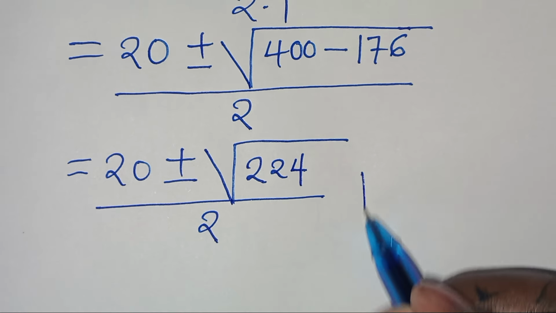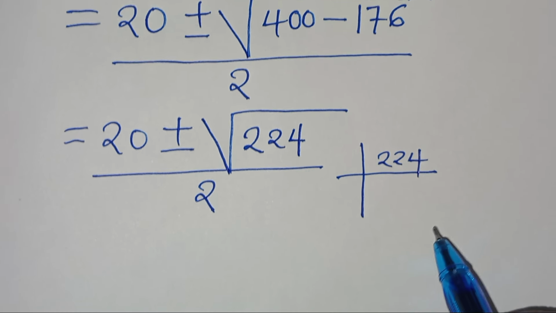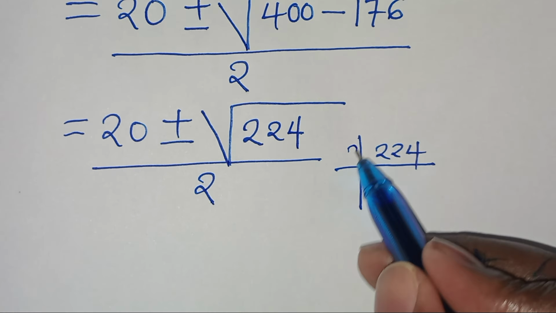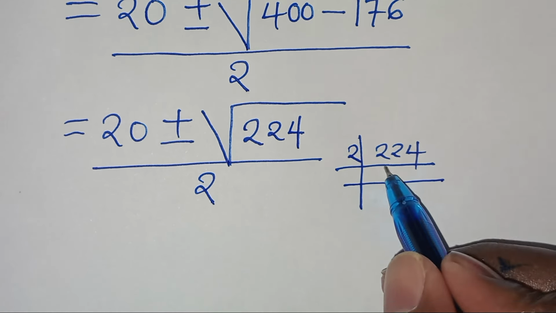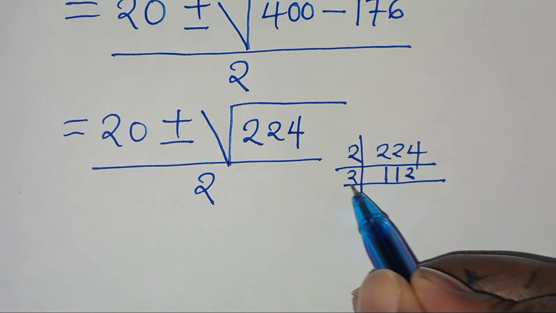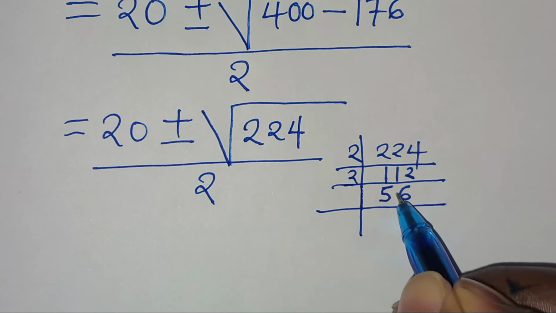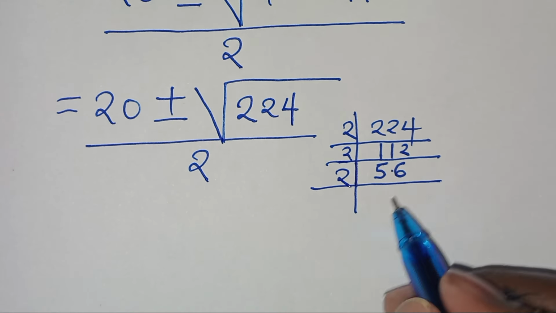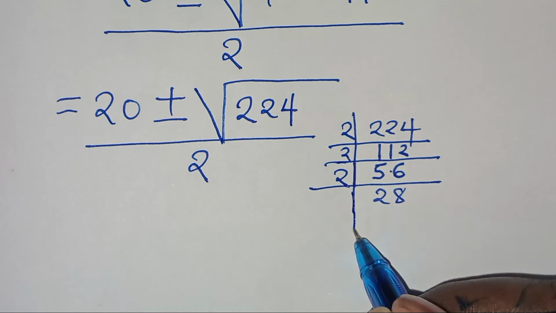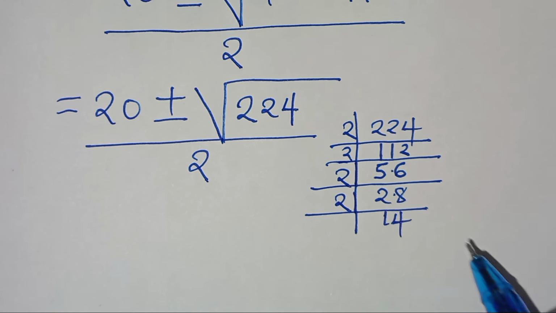Now we can express 224 as 224 divided by 2, which is equal to 112, then 112 divided by 2 is 56, then 56 divided by 2 is 28, then 28 divided by 2 is equal to 14.